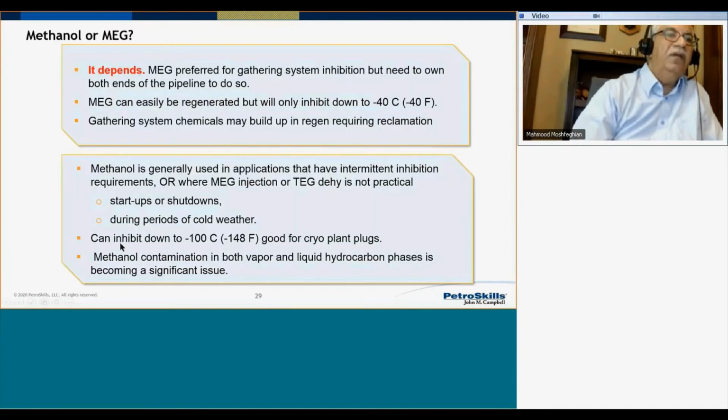As I mentioned, it can inhibit down to -100 degrees C or -148 degrees Fahrenheit, and that's why it's good for cryoplant plugs. And methanol contamination in both vapor and liquid hydrocarbon phases is becoming a significant issue.